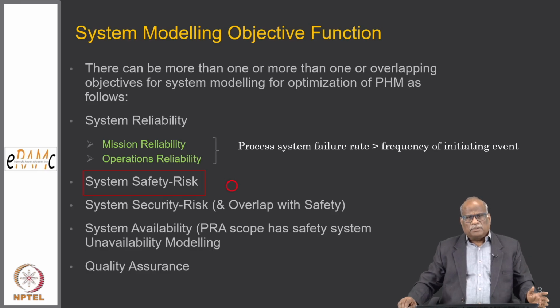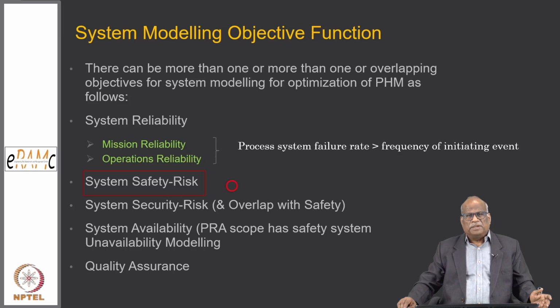But safety now covers the plant operational safety and security safety, both. So these two have to be understood, because now security is slowly becoming an important aspect of safety analysis.